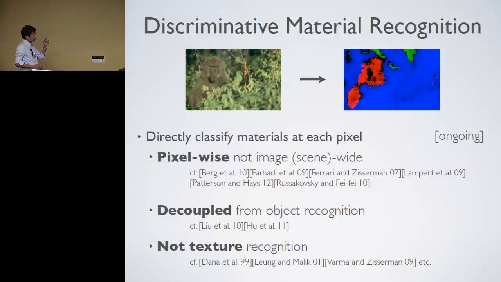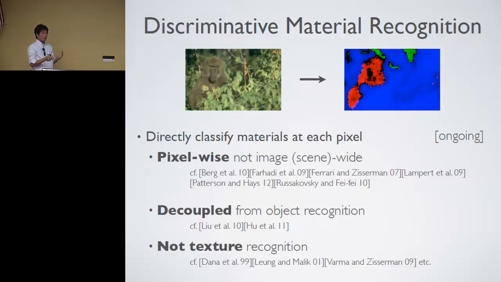Now, there are two past methods that try to do discriminative material recognition at the image level or object level. But these methods heavily rely on object shape cues, or object information, like extracting the occluding boundary and computing the features across and along them.